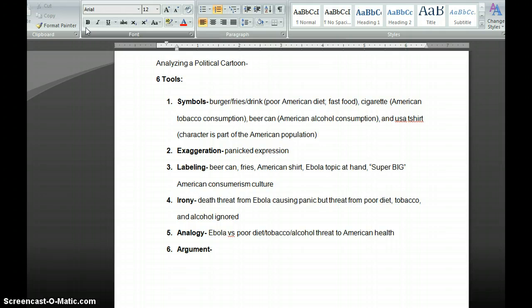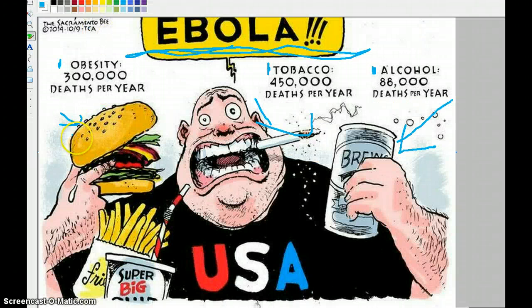Alright, and so the final tool of analysis that we're going to look at this cartoon through is the argument. So when we look at this cartoon, a good way to figure out what the argument is, which of course is what statement the cartoon is trying to convey, is to have your analogy and then "because." So your analogy plus because.